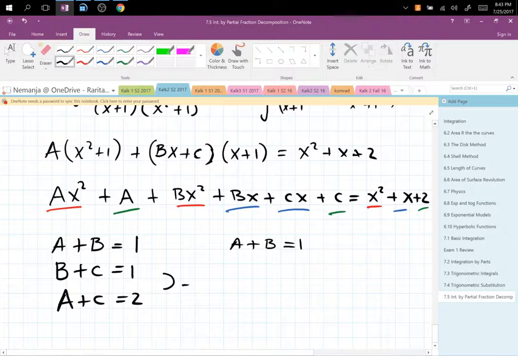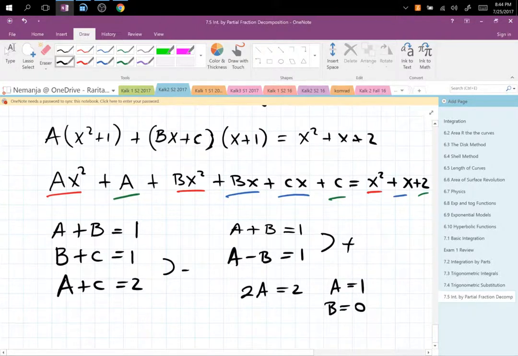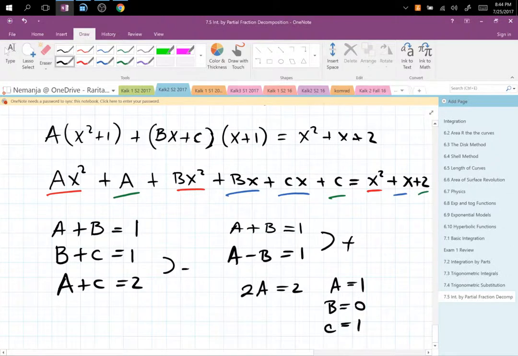So equation 3 minus equation 2, so it's A minus B is 1, because C minus C is gone, 2 minus 1 is 1. Now I'm going to add these two equations. 2A is equal to 2, so A is 1. If A is 1, B better be 0. And if B is 0, C is 1.